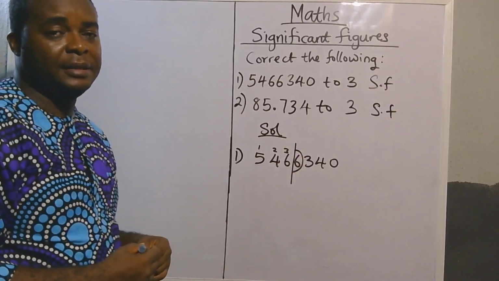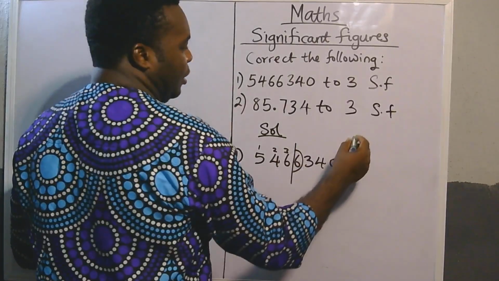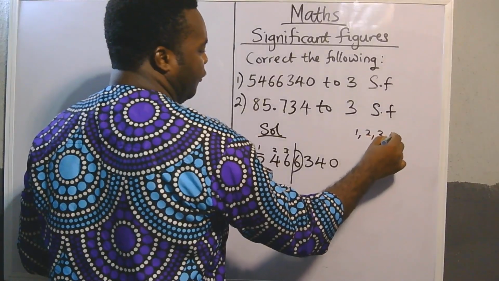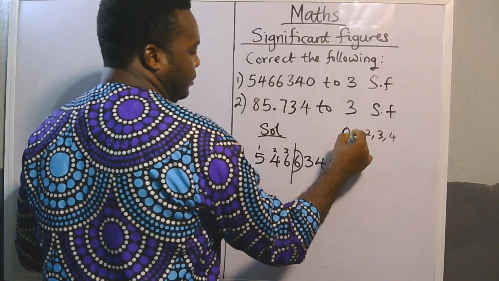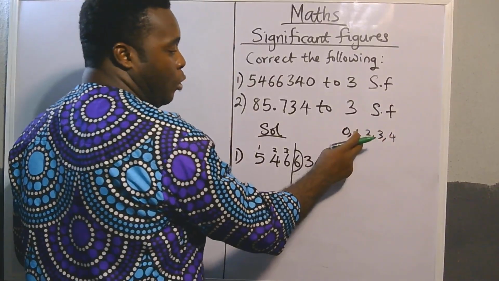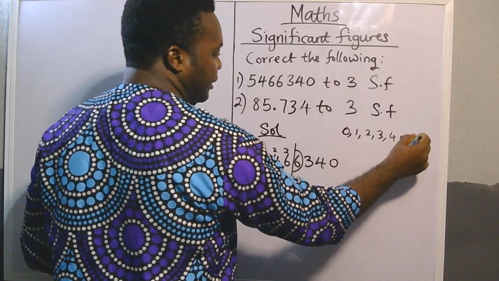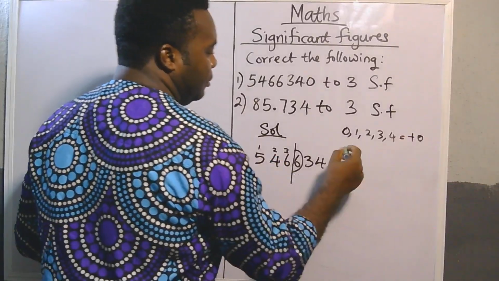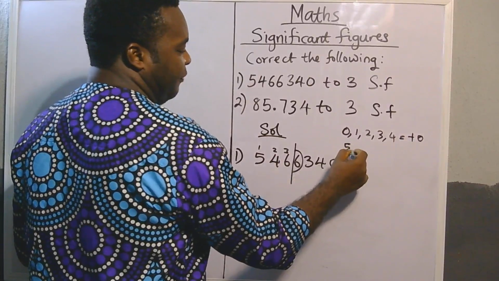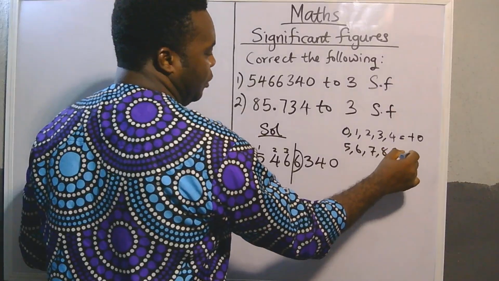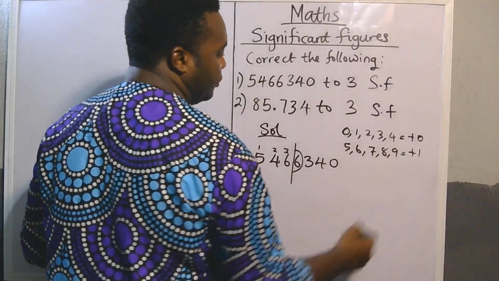Now remember, there is a rule that says numbers 0, 1, 2, 3, 4 equal plus 0. Then 5, 6, 7, 8, 9 equal plus 1.